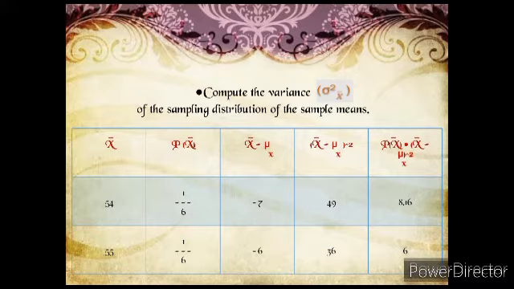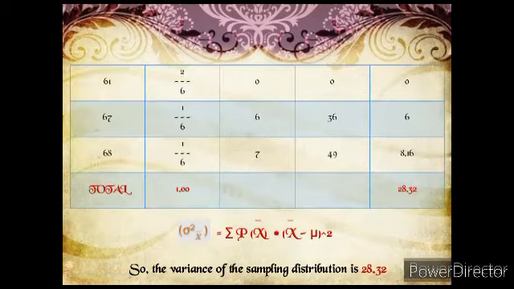So 54 minus 61 is equals to negative 7. 55 minus 61 is equals to negative 6. 61 minus 61 is equals to 0. 67 minus 61 is equals to 6. And 68 minus 61 is equals to 7.